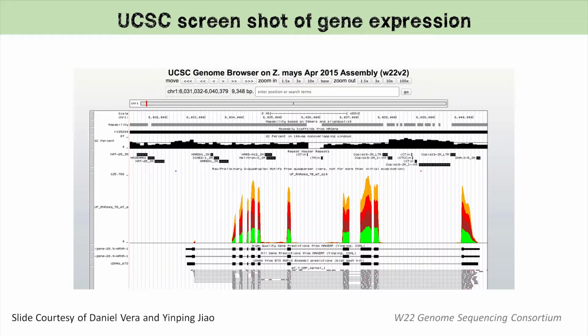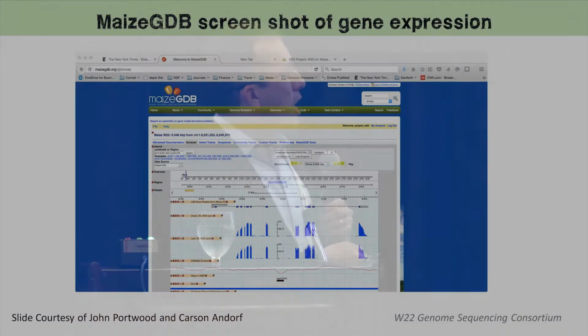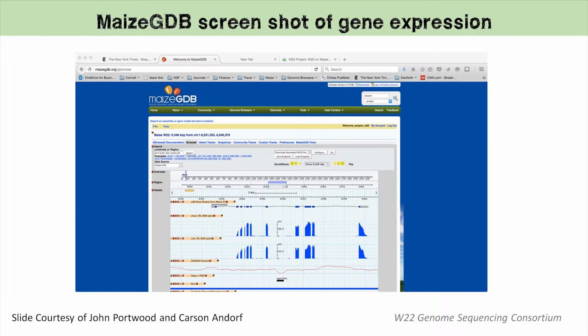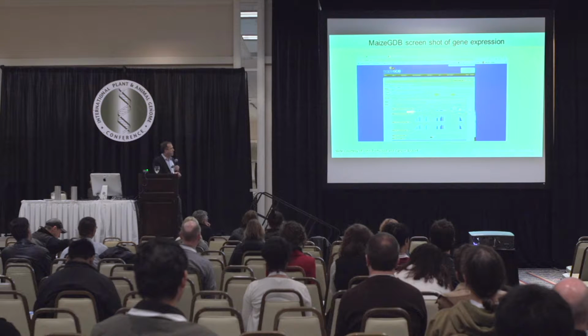So you can quickly scan through to see where your favorite gene is expressed, and at what levels in the appropriate tissues. Carson Andorf and John Portwood have done a similar thing with MaizeGDB. Now we've got the W22 genome incorporated into MaizeGDB, and you can look at gene expression as different tracks shown relative to the gene models.